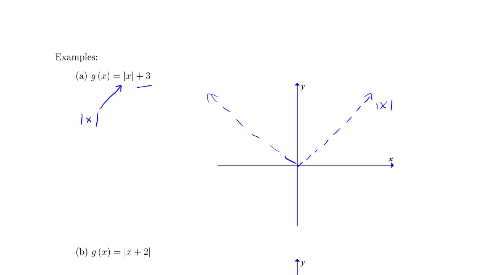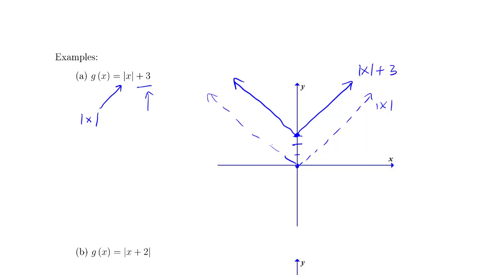So what we're going to do now is shift this graph up by 3. So here's 1, 2, 3. The point that was at the origin before moves up here, and everything else stays the same in shape. Okay, so that would be the absolute value of x plus 3.